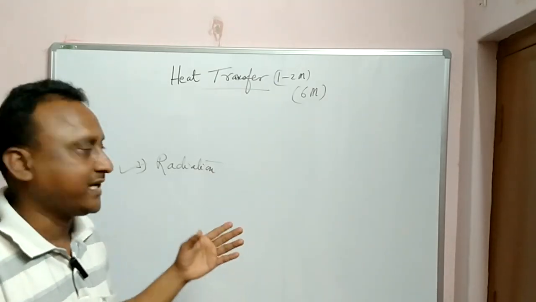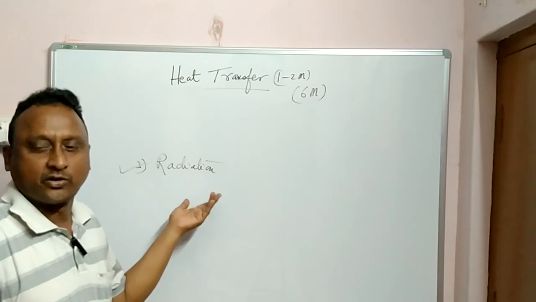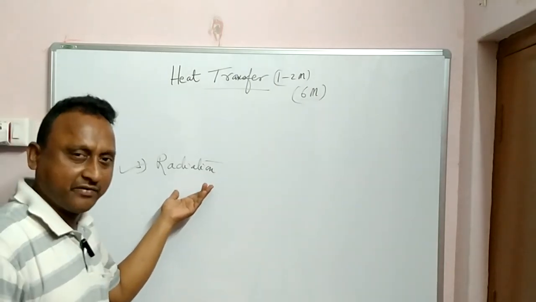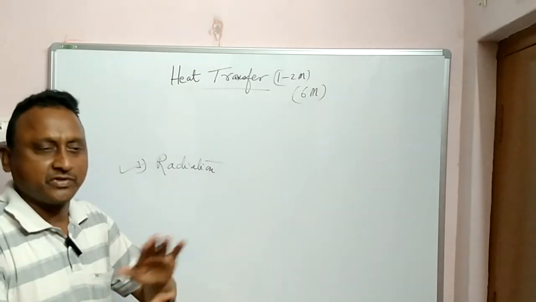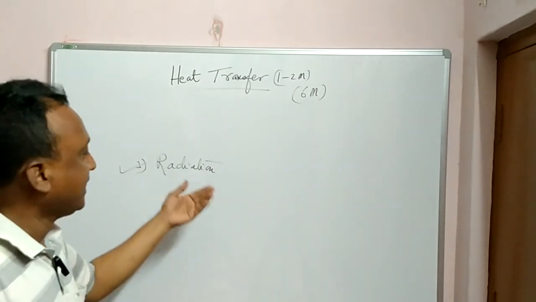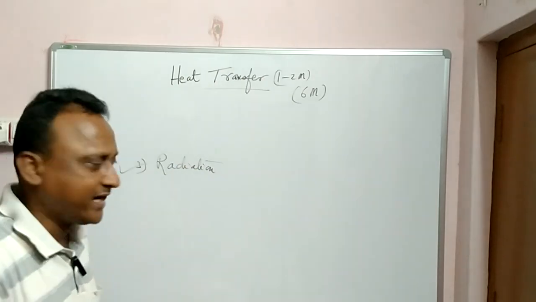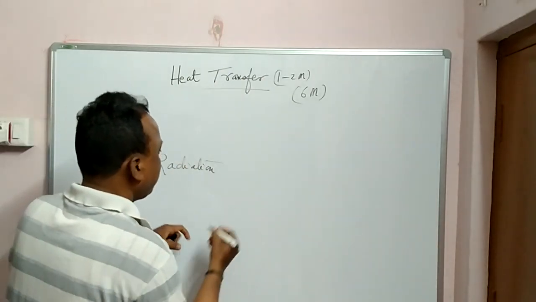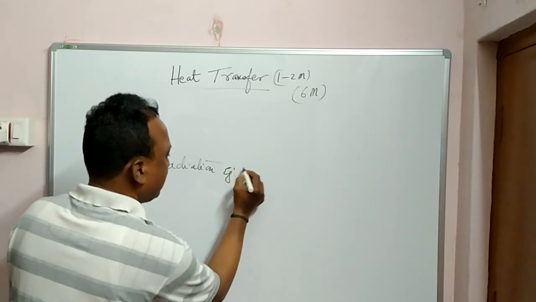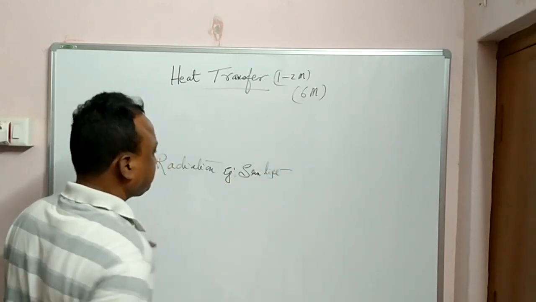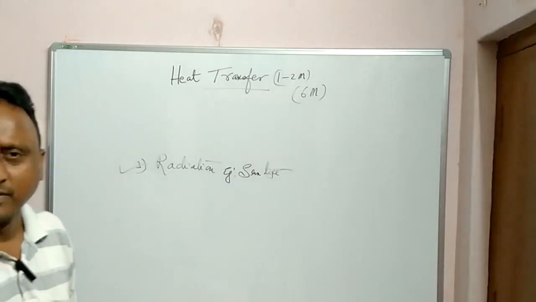Even in vacuum it can transfer, just like an electromagnetic wave. Just like electromagnetic waves and light waves, heat can be transferred without any medium, even in vacuum. The best example for the radiation method is sunlight.